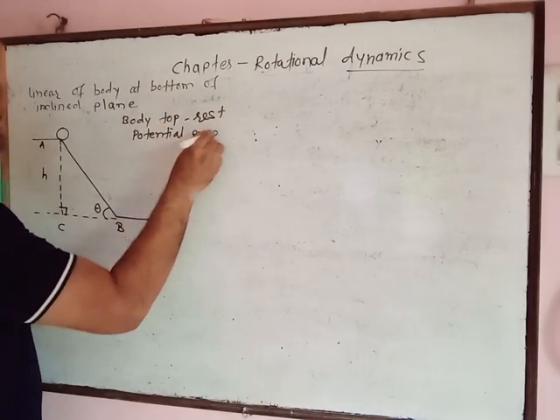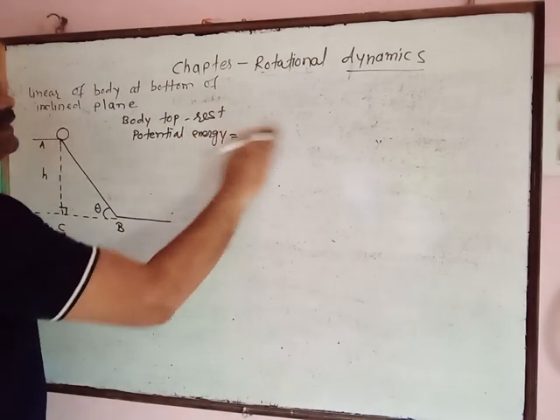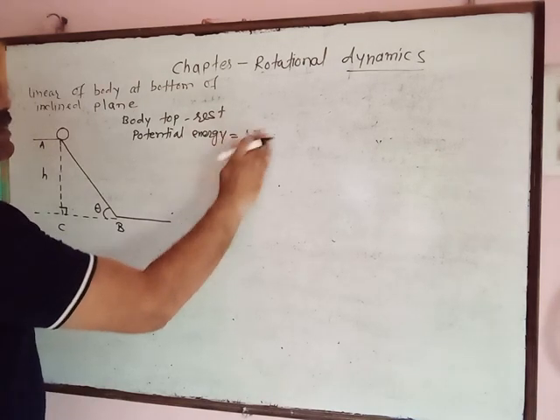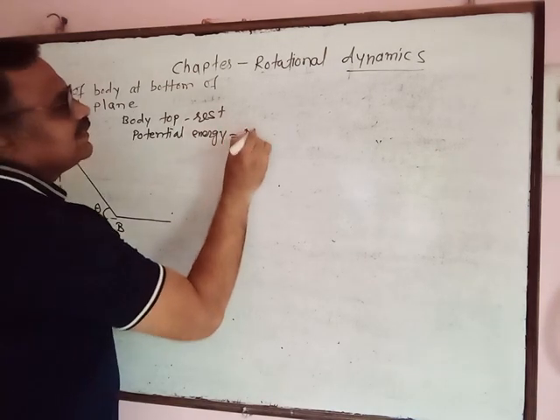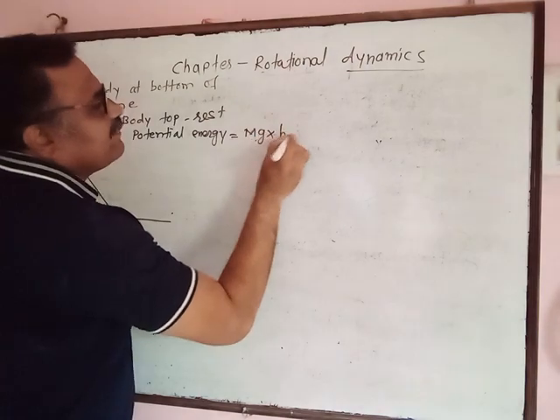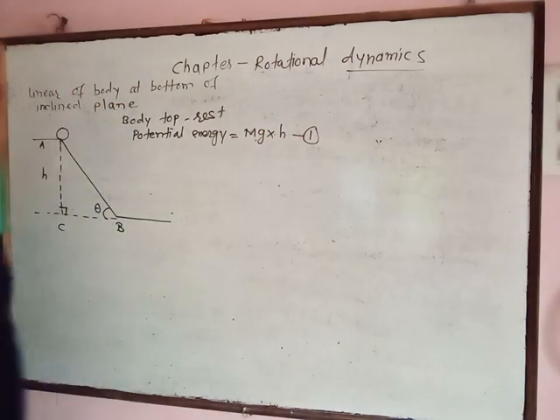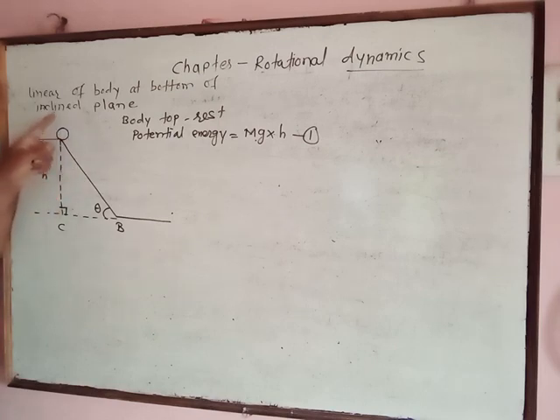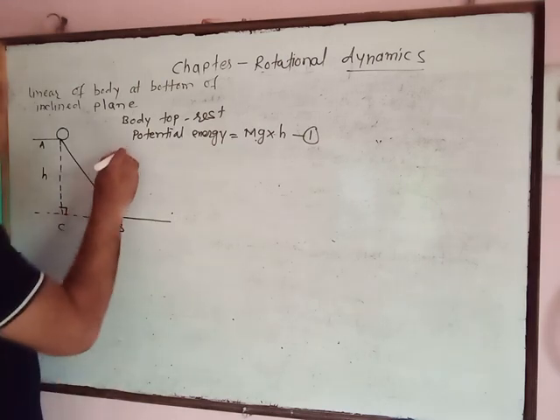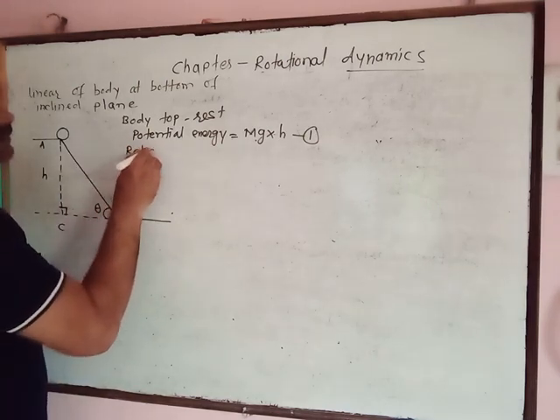This potential energy is given by the formula mass into acceleration due to gravity into height. mgh is the expression for potential energy of the body when it is present at the top of the incline. Now, suppose the body is released.